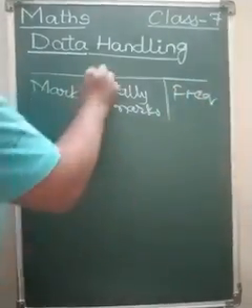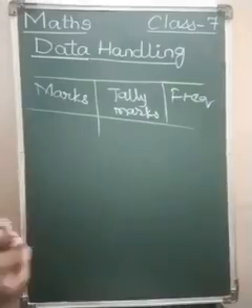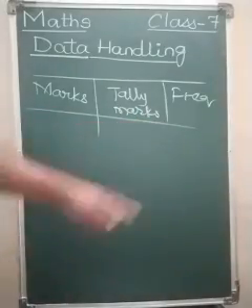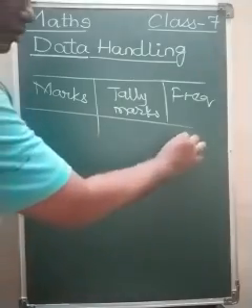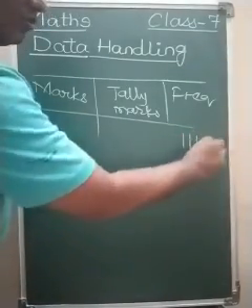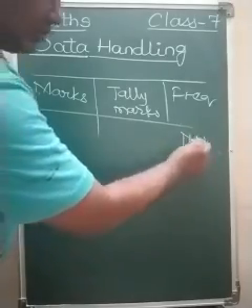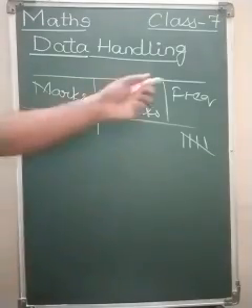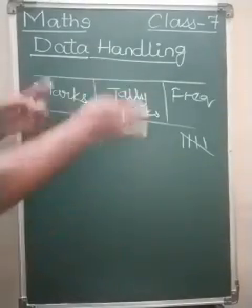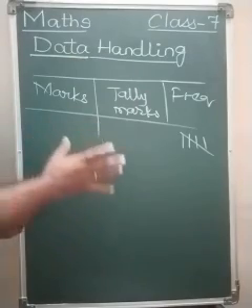I hope you remember that you had arranged the data in these 3 forms. Frequency means you draw lines like this. Suppose you have counted a data 4 times, and when the 5th comes you draw a slanting line. This table is called a frequency table.